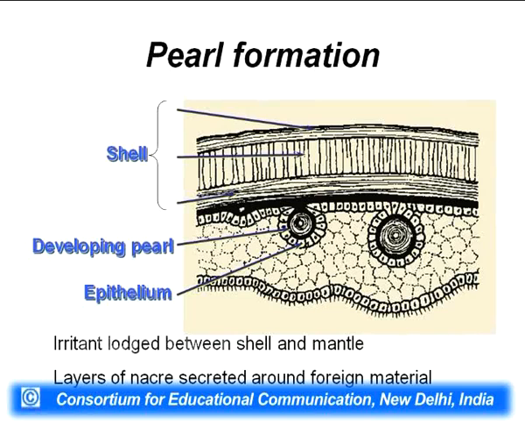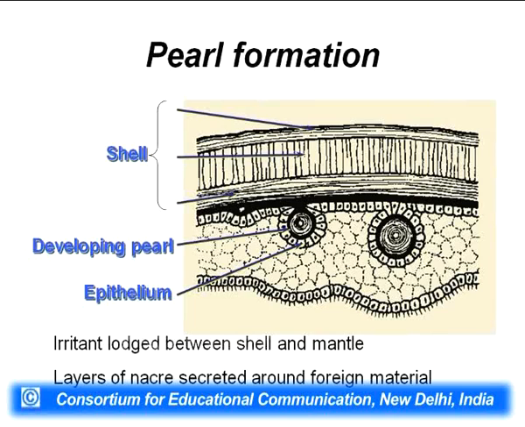So if a foreign particle, maybe any small animal, a sand particle or particles of the shell, comes between the shell and mantle, it is taken as a foreign particle, and the mantle starts active secretion.